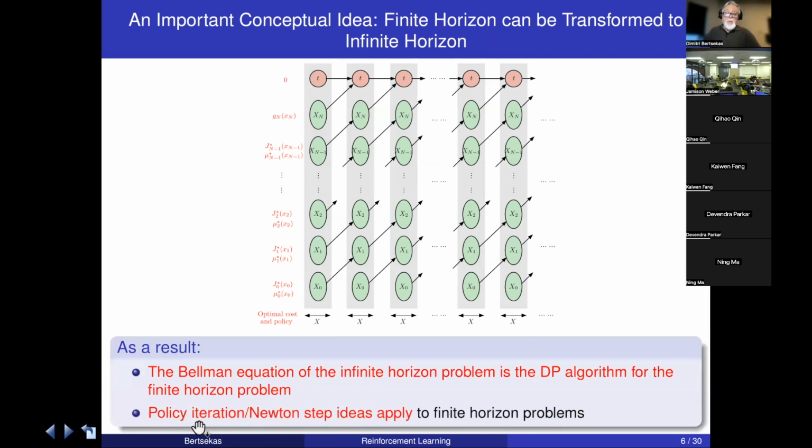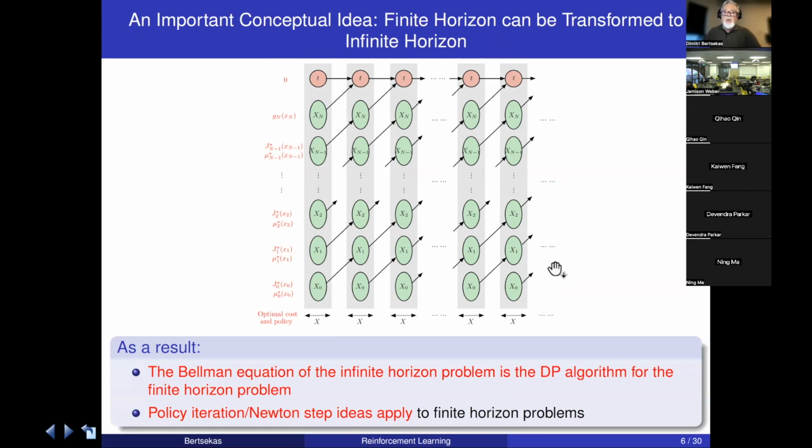Moreover, things like policy iteration can be applied to this infinite horizon equivalent and give you a policy iteration algorithm for the finite horizon problem. Policy evaluation followed by policy improvement, and then policy evaluation again, and so on. So all the theory for infinite horizon applies also to finite horizon.